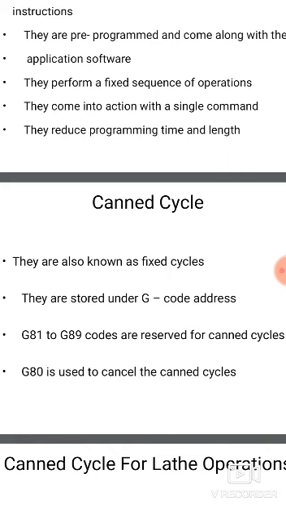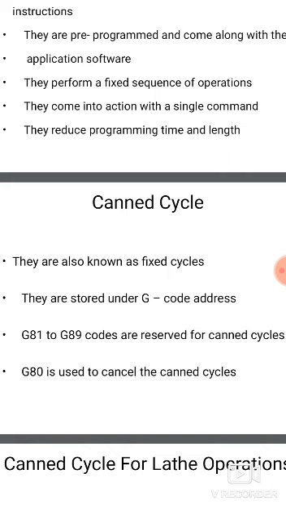So a canned cycle is a combination of machine movements that perform machining operations like drilling, milling, boring and tapping.